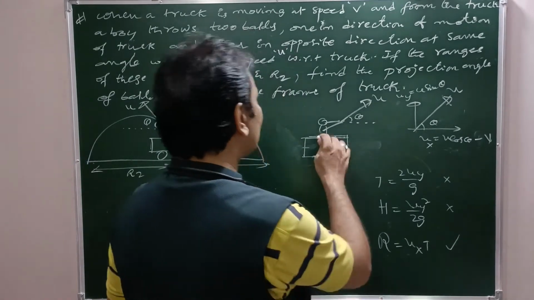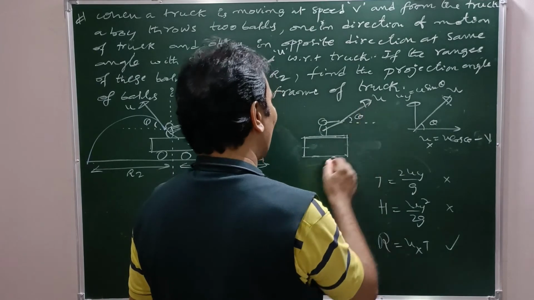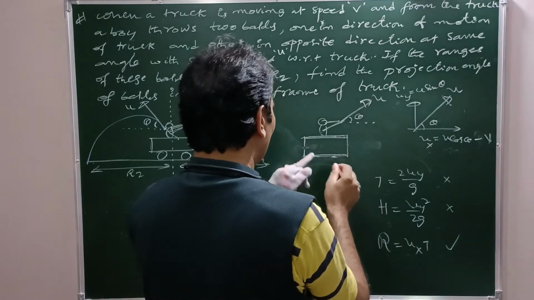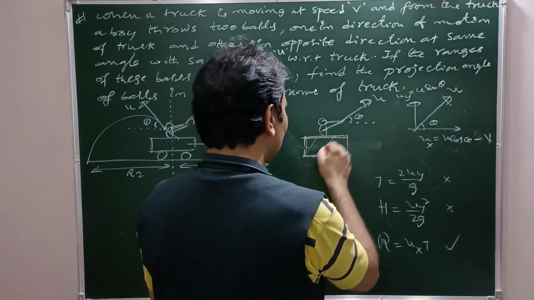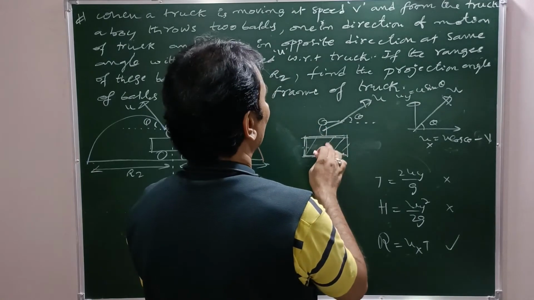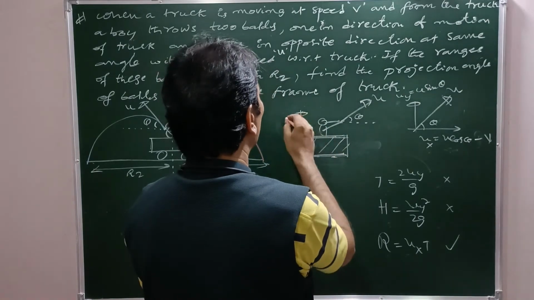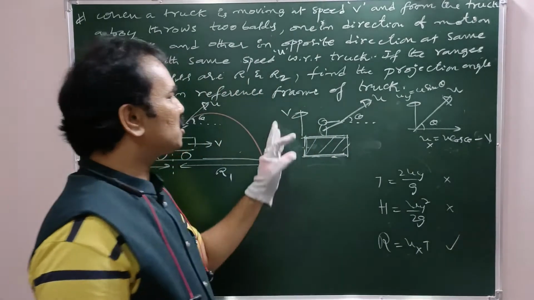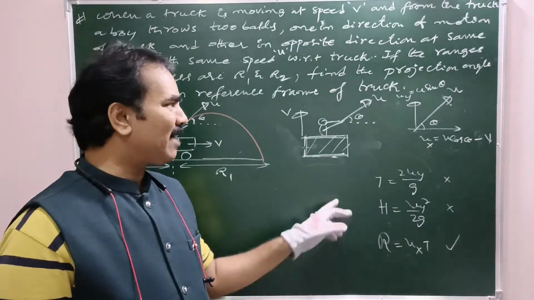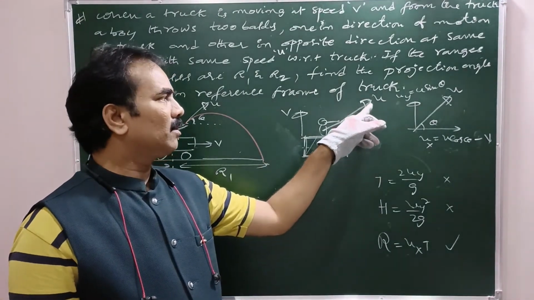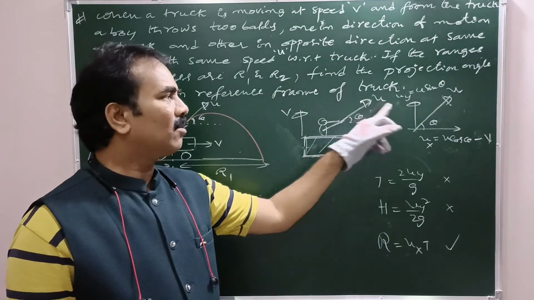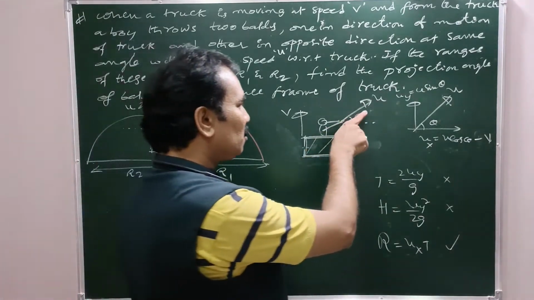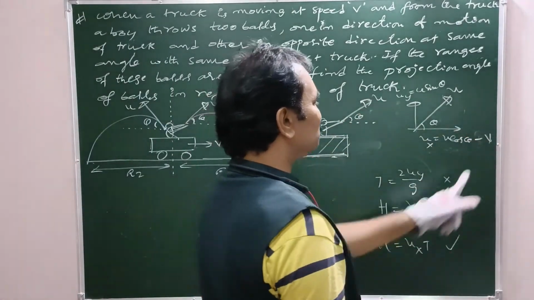Similarly, suppose this is the frame from which this boy throws a ball like that, but this reference frame moves upwards with some constant velocity, right? This time, how can you resolve the velocity of projection of the ball into two components? See, u can be resolved into ux, that is u cos theta.